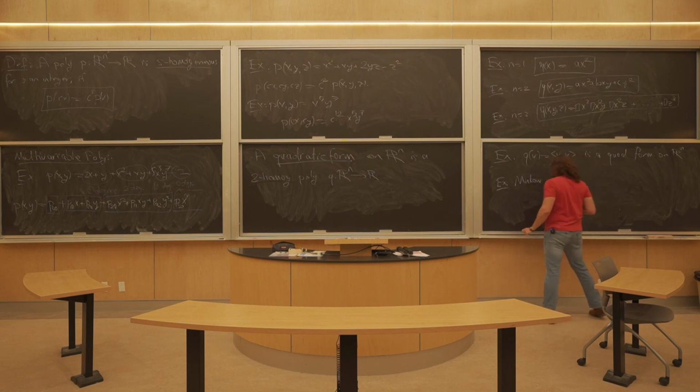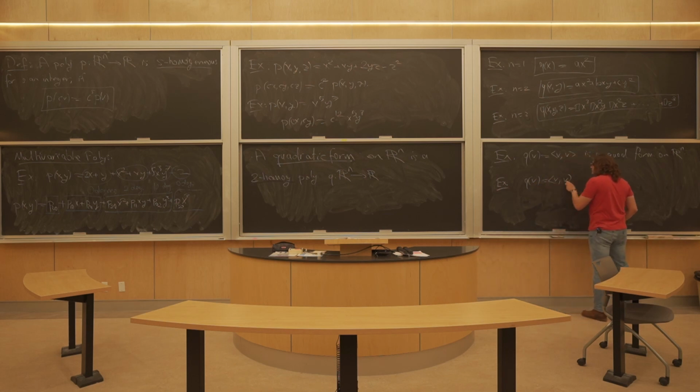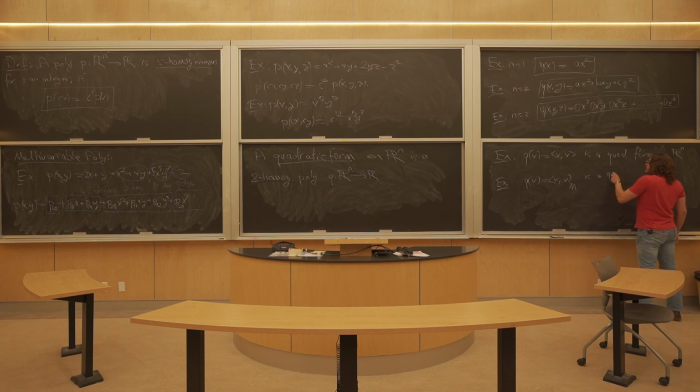So let me write it like this. Q of v, which is v against v, according to Minkowski, is a quadratic form on R4. This was the Minkowski form, Minkowski inner product.